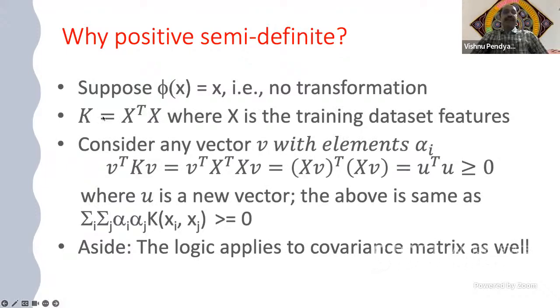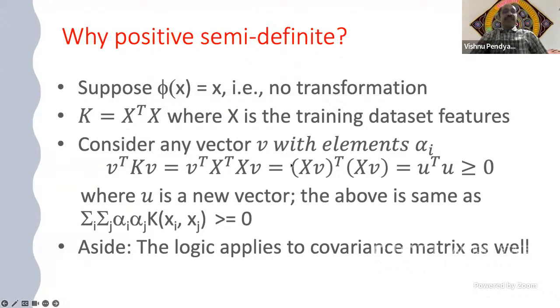So that is the whole idea of the kernel matrix. It's almost like a covariance matrix, but transposed. The kernel gram matrix can be written as X transpose times X, where X is the training data set features.